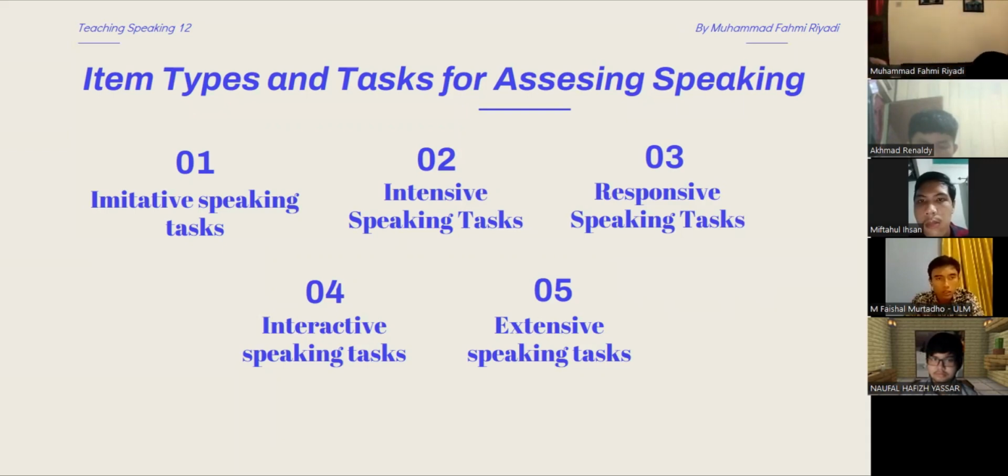This is just the types of items and tasks that are used to assess the speaking ability of the learner. First, we can see the category of imitative speaking tasks: minimal pair repetition, word or phrase repetition, and sentence repetition. Second, intensive speaking tasks.